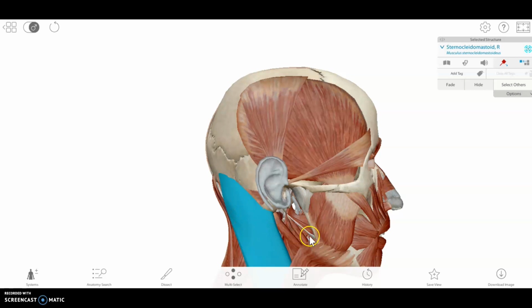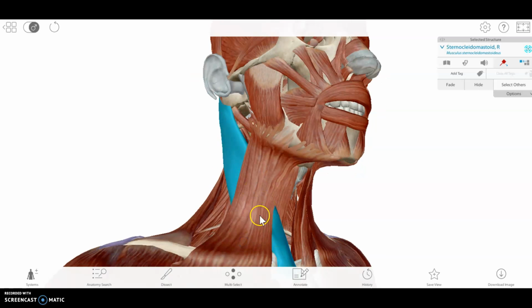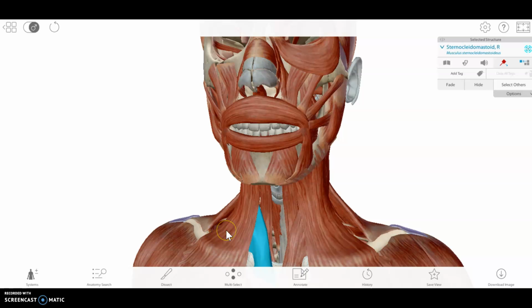Wow. So a lot of muscles are named for all of the bones that they attach to. This one rotates your head to the opposite shoulder.